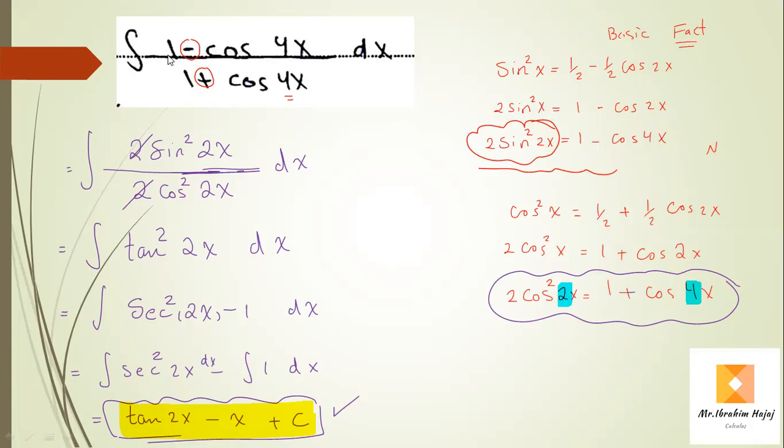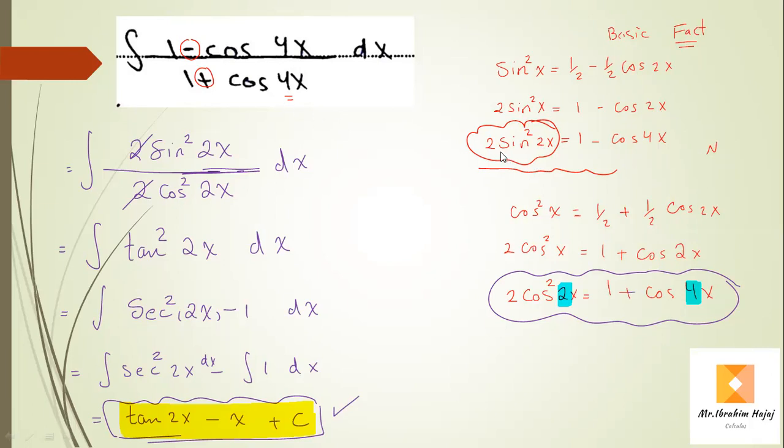But in the question, we have 1 minus cosine 4x. So if it's 4x here, we take half of the angle, which is 2x. As you know, the relationship in this identity is that one of them is double the other. So the left-hand side is 2x, the right-hand side is 4x. Also, you can do this with the denominator.